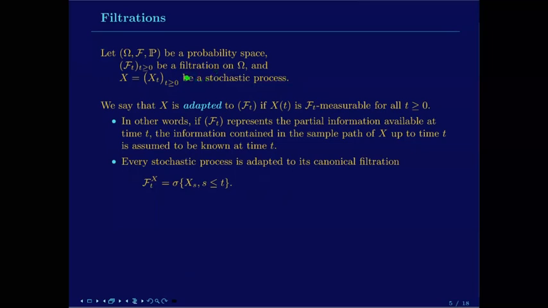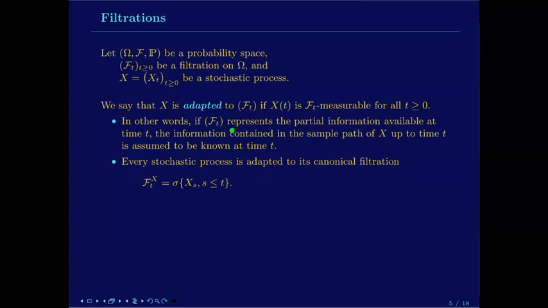So whether the process provides additional information or the information provided by the process is contained in the information described by the filtration. So we say that the stochastic process is adapted to the filtration if the random variable X_t is F_t measurable for all t. So that means that the events that can be described in terms of this random variable are contained in the sigma algebra F_t.